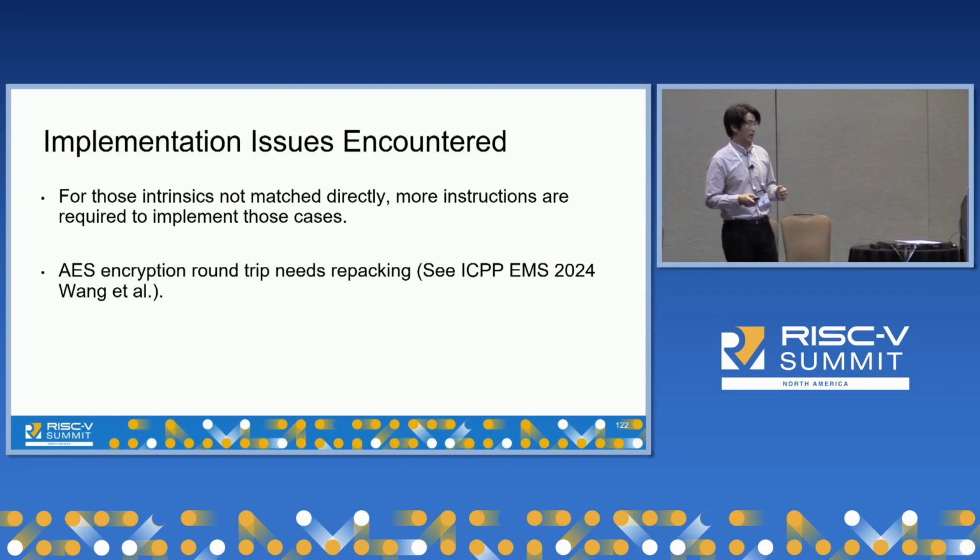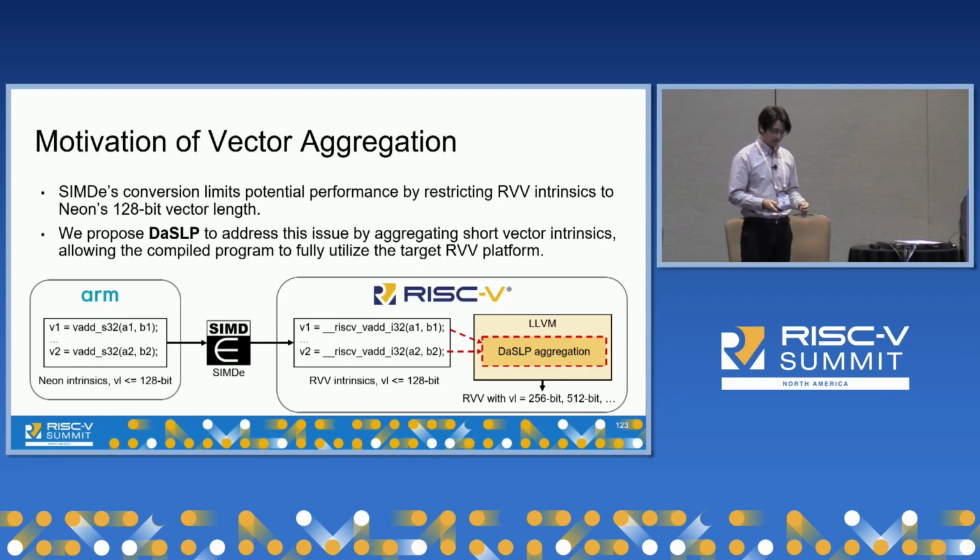The other is that for the AES encryption round, the Neon side and the RISC-V side handle it differently, so if we convert at the intrinsic level, there will be a lot of overhead. One of our co-authors, Wang, has published an optimization that solves this problem at ICPP. If you're interested, you can refer to it.